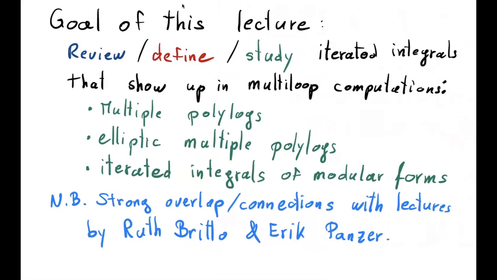And the three classes that we cover, at least we try to cover as much as time allows, are called multiple polylogarithms, and the elliptic generalizations, and iterated integrals of Euler. So they're all different incarnations of this very general class of functions called iterated integrals.